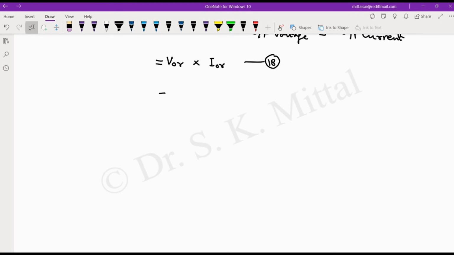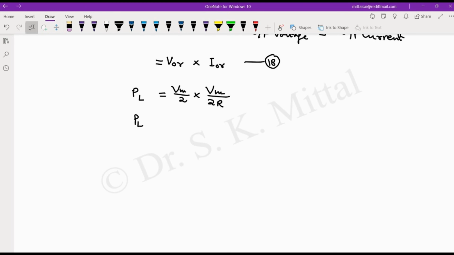Now, if I represent power delivered to load as PL, we have proved the value of V0R is Vm upon 2, multiplied by the RMS value of current, which we have represented as Vm upon 2R.